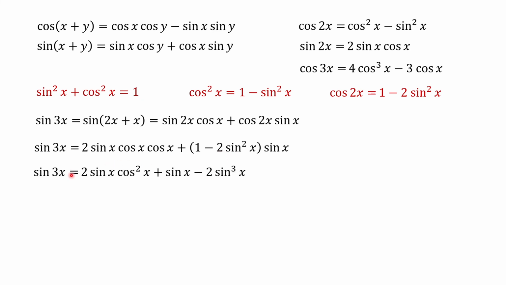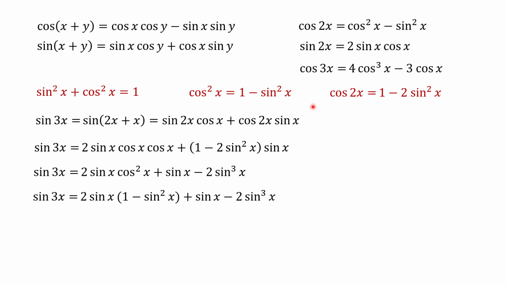All right. So the first term comes from the first term here, and the other 2 terms come from here. Okay. Now we have cosine squared x. Cosine squared x is here. It's 1 minus sine squared x.